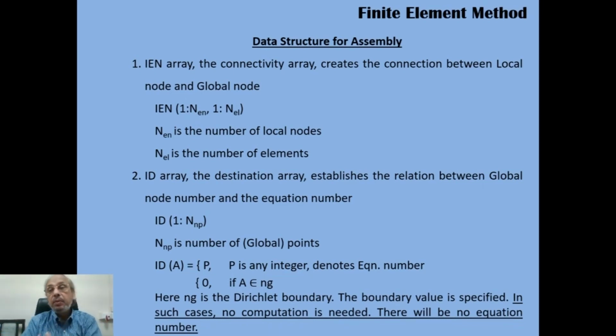So now we can understand that in this entire formulation, the relationship between the local nodes of the elements and the global node number are interrelated, and these have to be identified and stored somewhere, and this will help us to form the global matrix, global unknown vector, and global load vector.